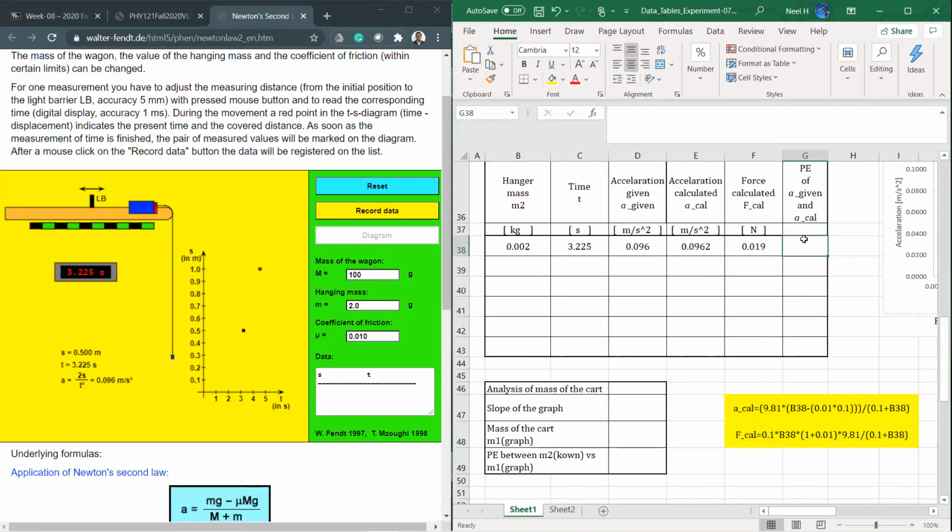For percentage error, again we can compare the acceleration values. Equal sign, ABS parentheses, calculated acceleration minus experimental value, divided by the calculated value, multiplied by 100. It should be a very small number. That's going to be the PE.